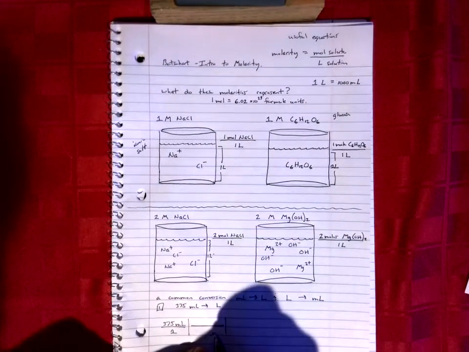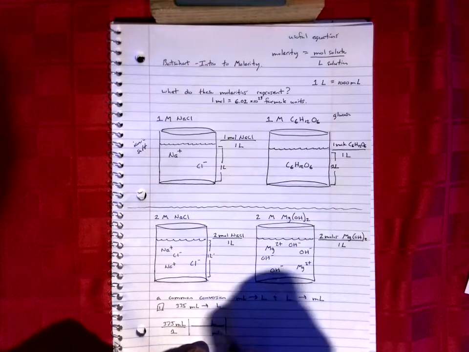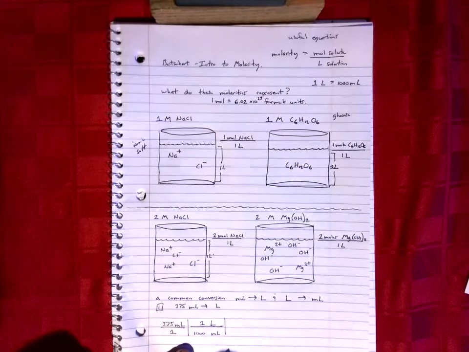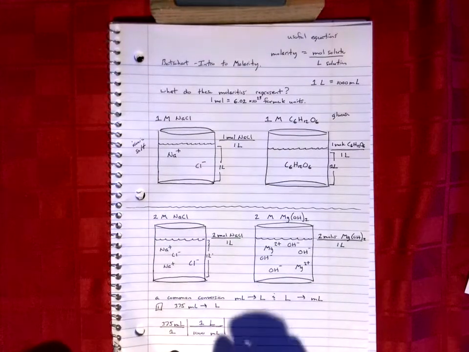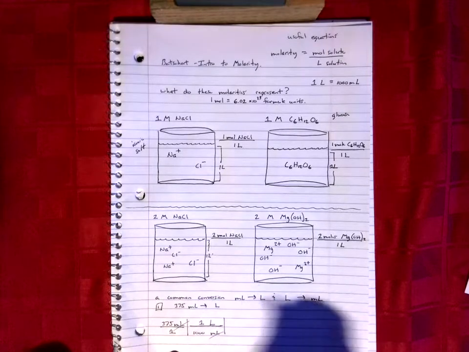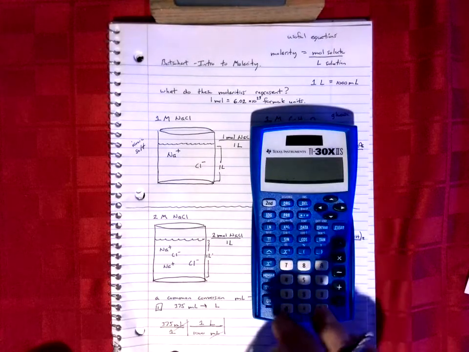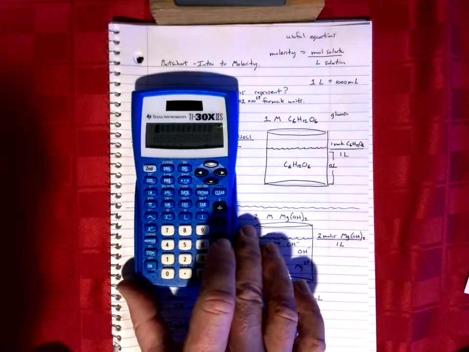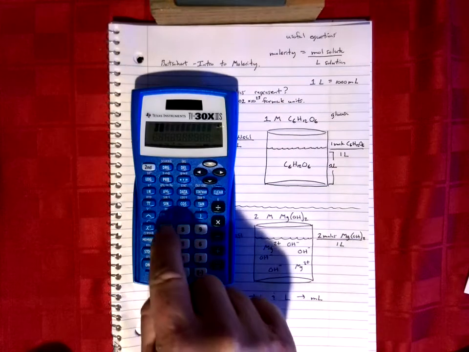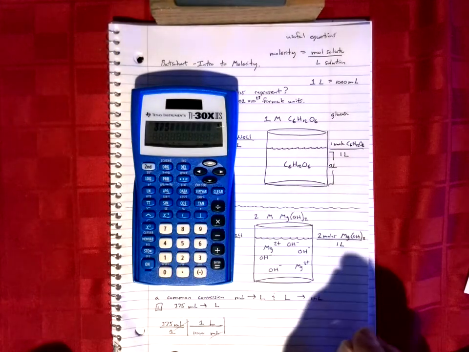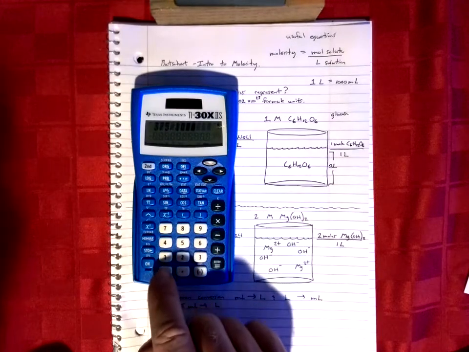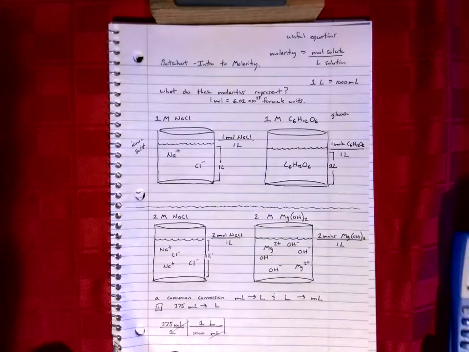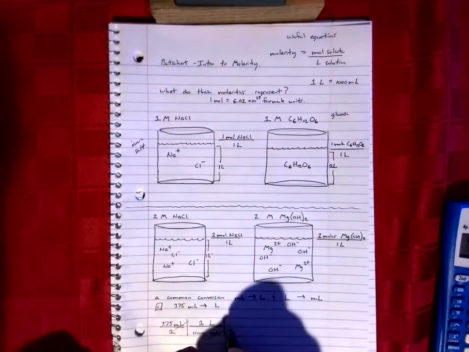So I'm going to put milliliters on the bottom and liters on the top. For every 1 liter, there are 1,000 milliliters. This is going to allow me to cancel out milliliters. I'm going to bring my calculator into play: 375 divided by 1,000. I'm going to get 0.375 liters of solution.